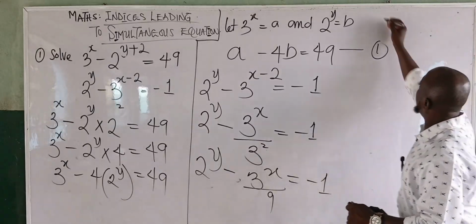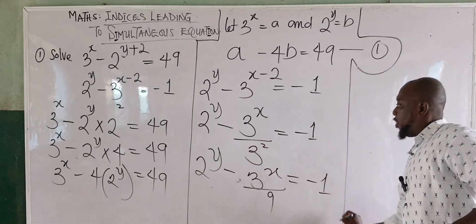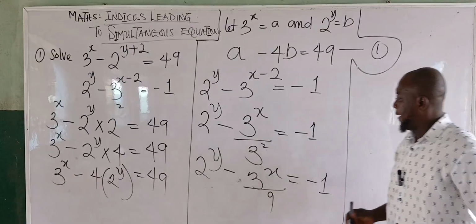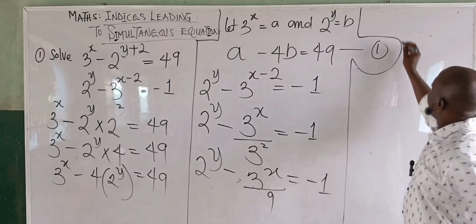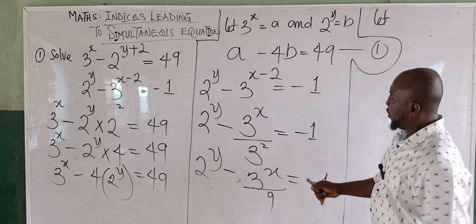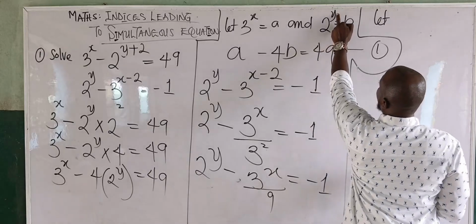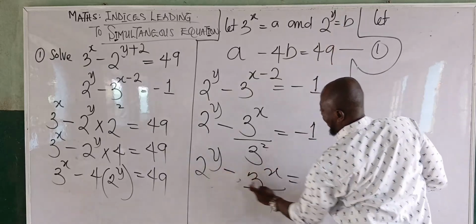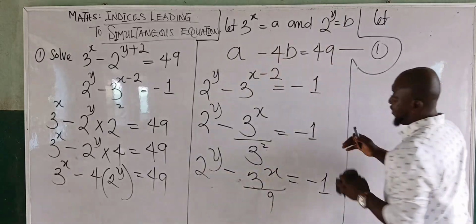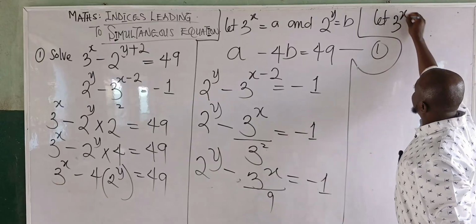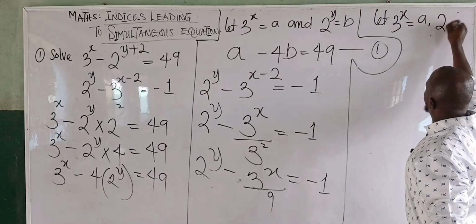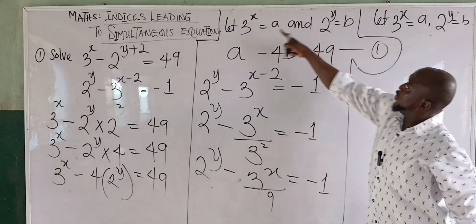So what do I know now going further from this point? Remember, we say let 3^x be a, and 2^y be b. Don't forget that. That's what you use all through.